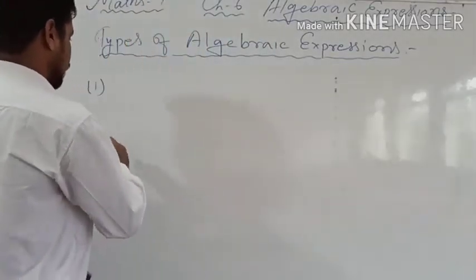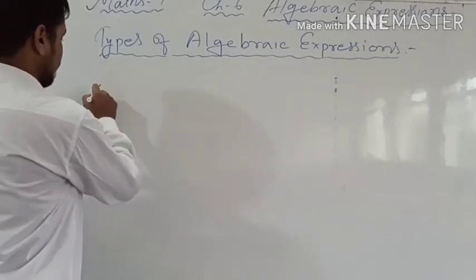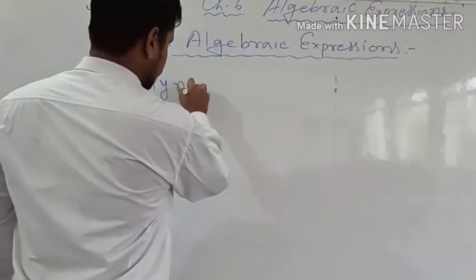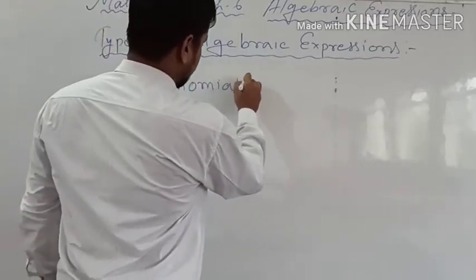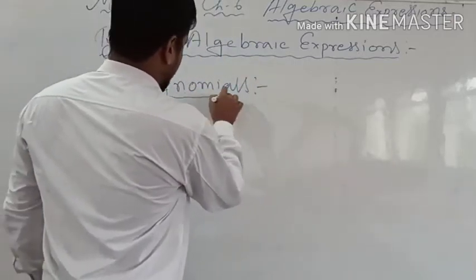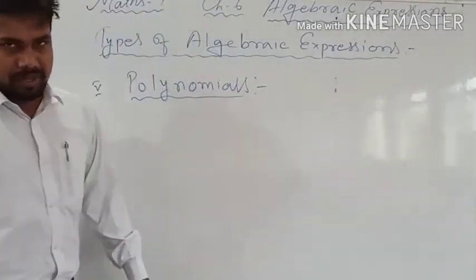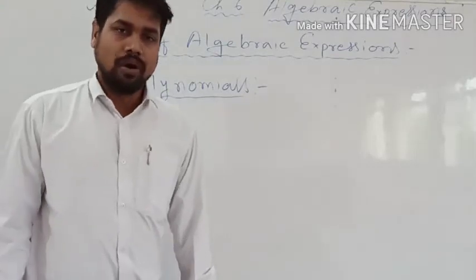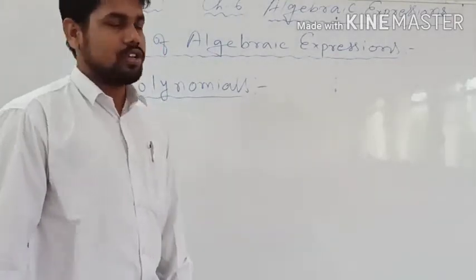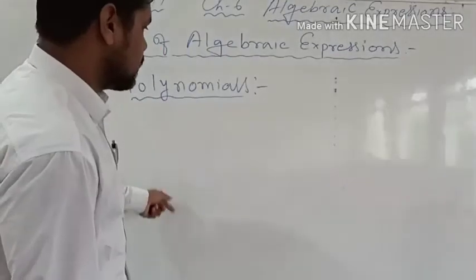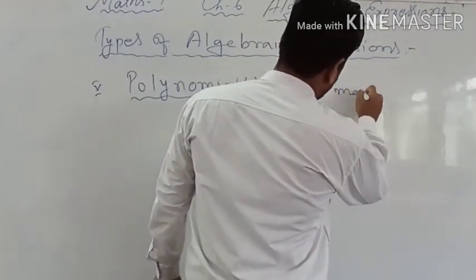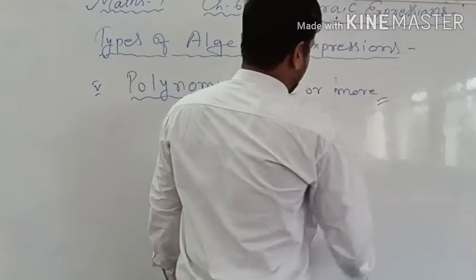Now finally, the last one which we have is the fifth one, that is polynomials. Except the first one, monomials, the rest of all are called polynomials. Why? Because polynomials means two or more terms.